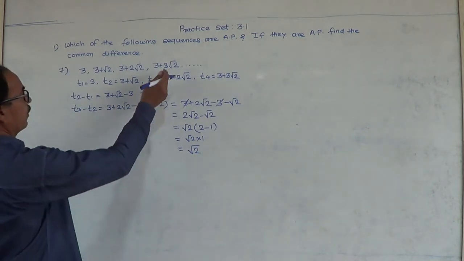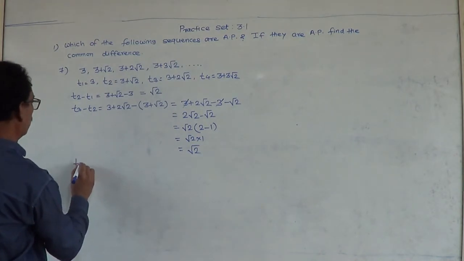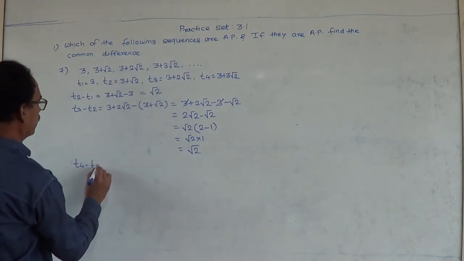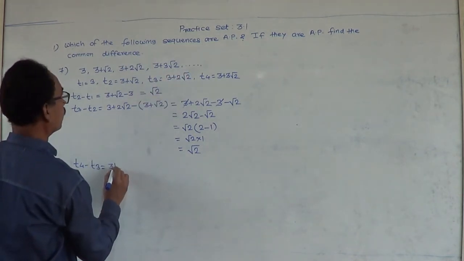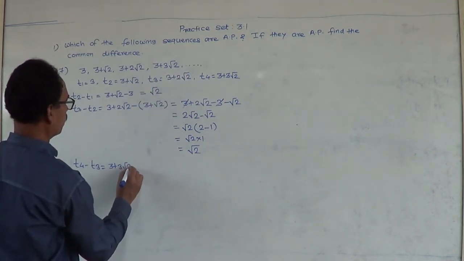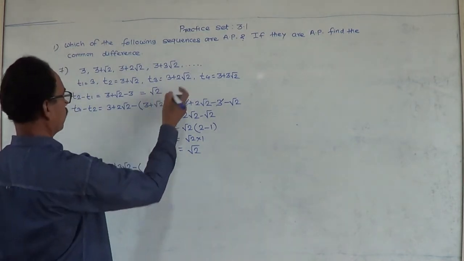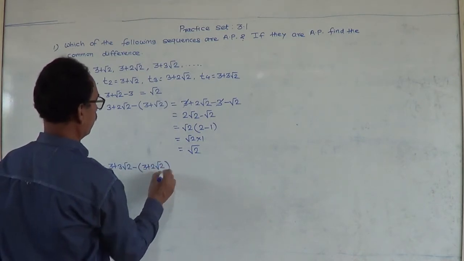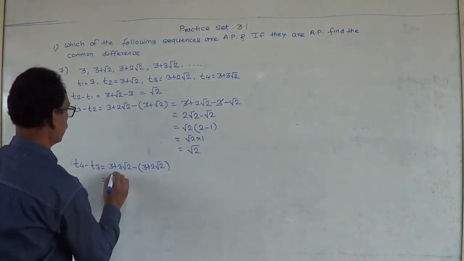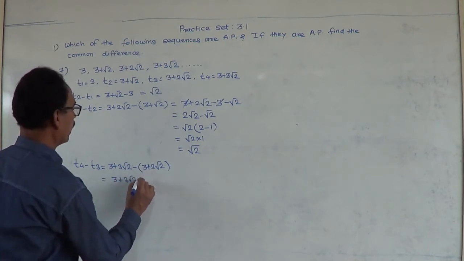Again take the difference between fourth term and third term. So T4 minus T3. T4 is 3 plus 3 times root 2 minus third term, which is minus 3 plus 2 root 2. Solve this. This will be 3 plus 3 times root 2 minus 3.